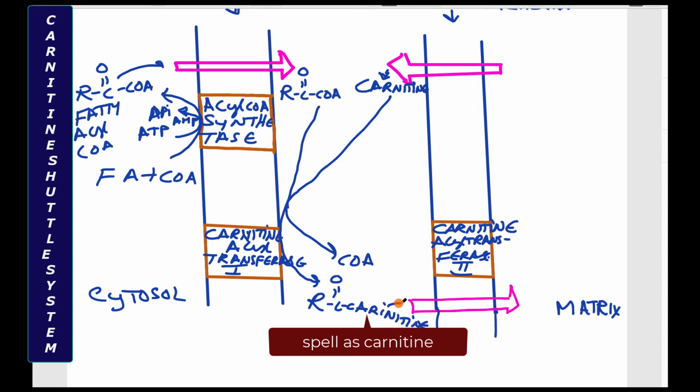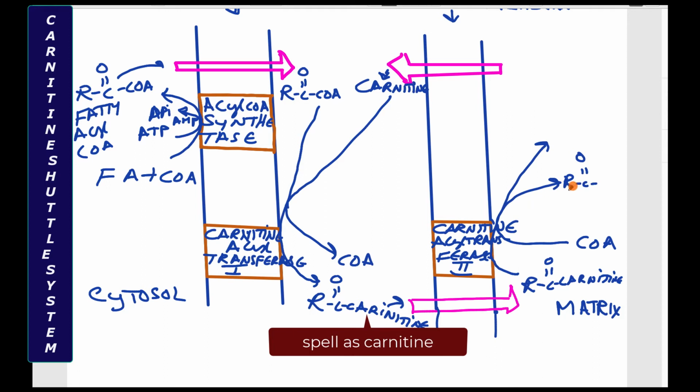This acyl carnitine goes inside and enters the mitochondrial matrix. It combines with coenzyme A, fatty acyl coenzyme A is released, and also carnitine is released.